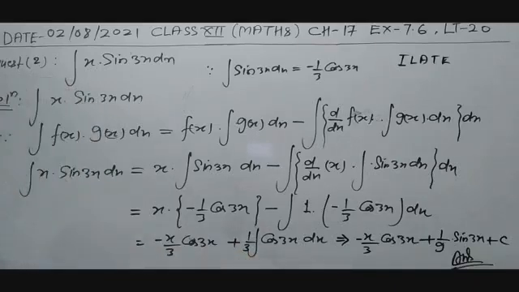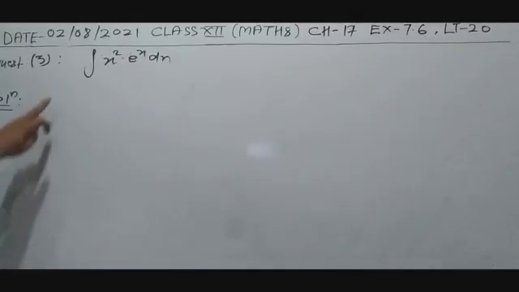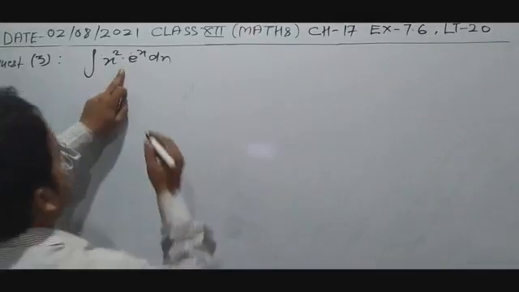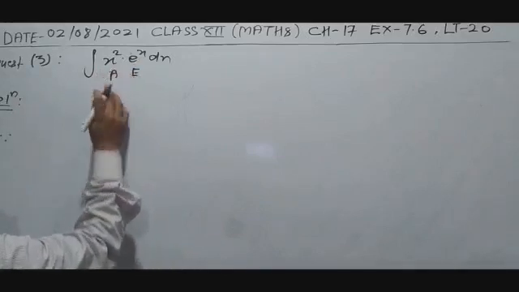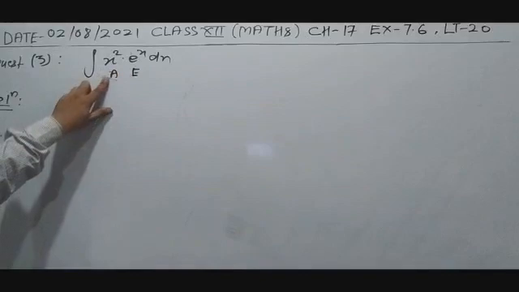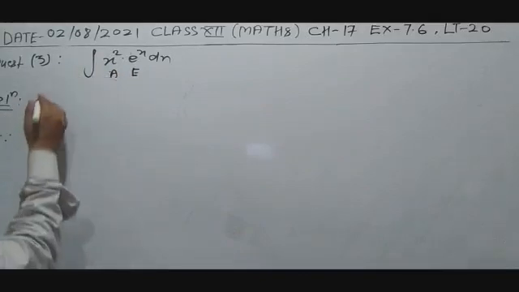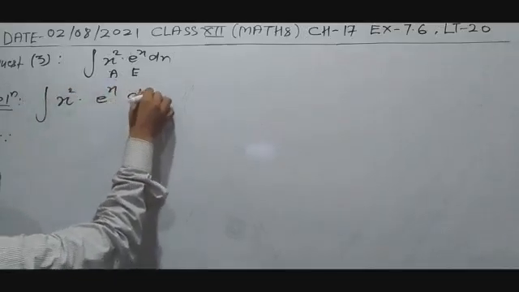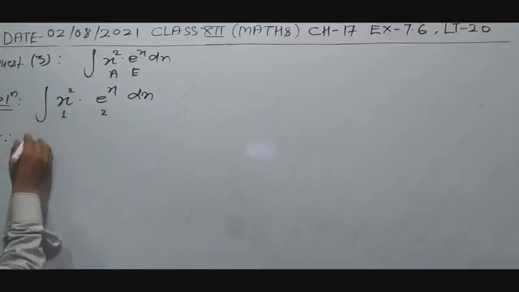Now come to question number 3: the integral of x square e to the power x dx. Here e to the power x is an exponential function and x square is an algebraic function, so you will consider x square as the first function. Given x square times e to the power x dx, consider the first and second function.